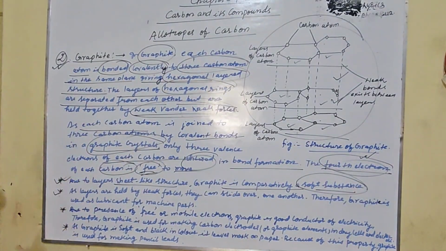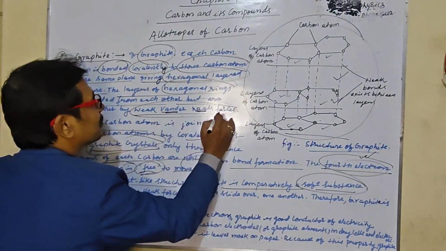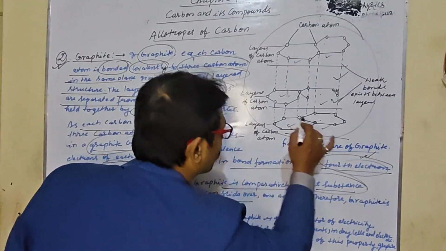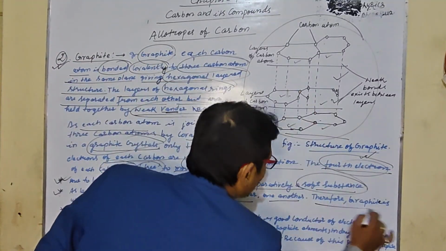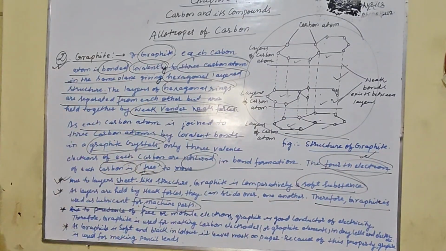Second, as layers are held by weak van der Waals forces, they can slide over one another, and therefore graphite is used as a lubricant for machine parts.